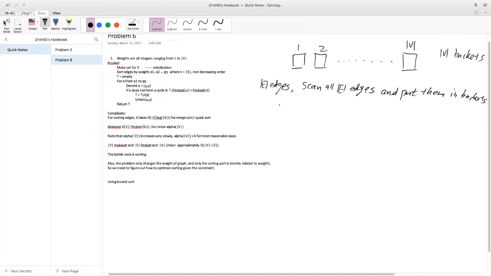Let's suppose the edges have weights 1, 3, 4, 2, 5.